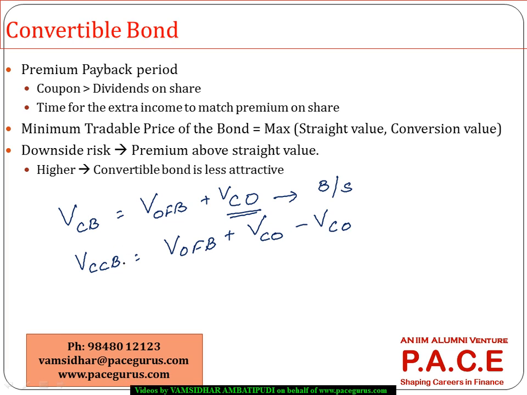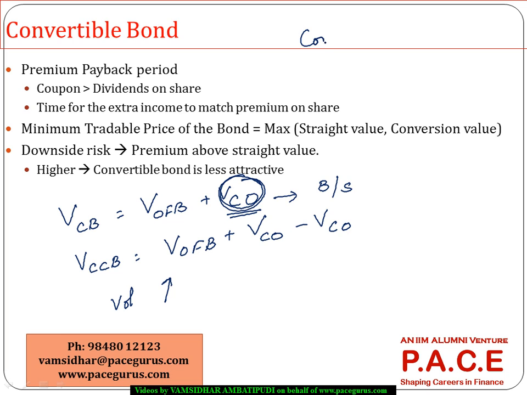So all these things we need to be comfortable with. And one more thing is, as the volatility of the stock price is increasing, the call on the stock will increase, and the callable convertible bond is going to increase in value.